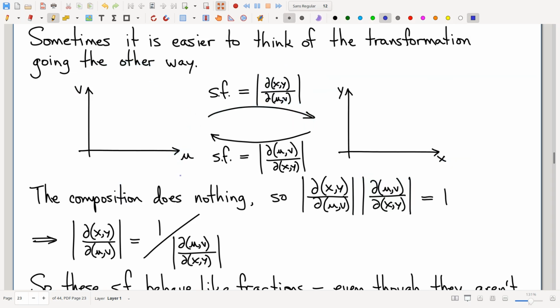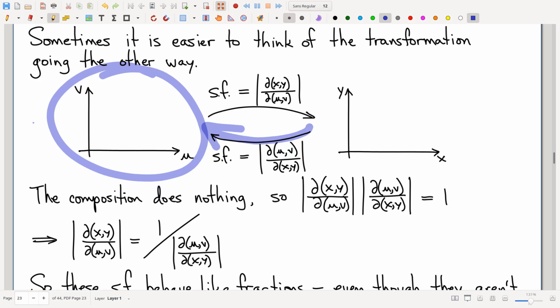What if I imagine the function going the other way? What if I have u and v written as functions of x and y? Well, the same basic idea applies if my change of variables function is going the other way, and we'll see in a minute why that's natural. u and v now are our outputs. u and v, therefore, are what we're taking partials of with respect to what are now the inputs, x and y.